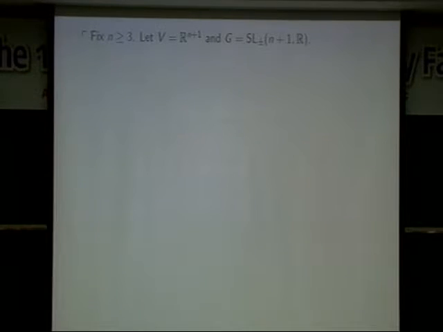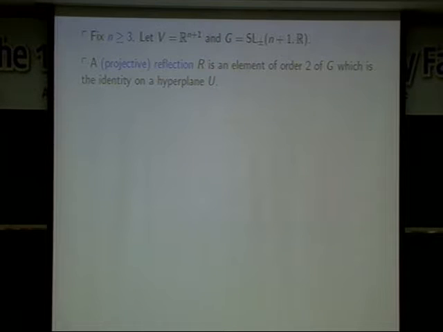So we fix n, and V is a real vector space of dimension n plus 1, and G is SL^±. Then we define a projective reflection. For the previous hyperbolic reflection, if I have a unit normal vector v_i, then this determines the hyperbolic reflection.